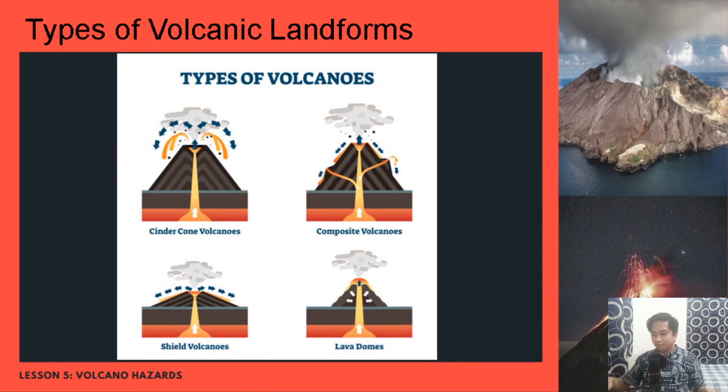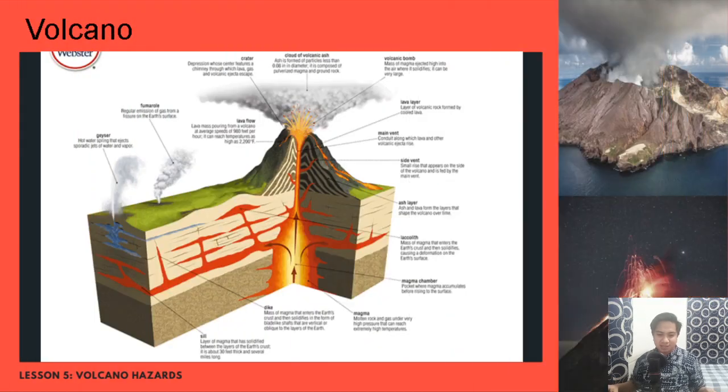Next, we also have the magma chamber. Let me go back to the slides as well. Okay, the main portion here on the lower portion in which magma is accumulated before rising to the surface is called your magma chamber. We also have your sill. A sill is the layer of magma that has solidified between the layers of the Earth's crust.